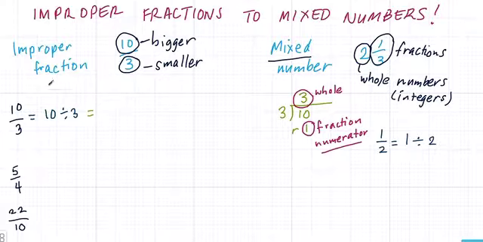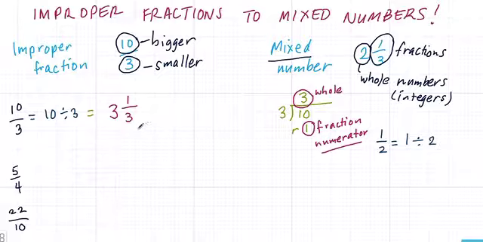So we know that 10 over 3, 3 3's go into 10, plus we had 1 left over. The fraction here that we had was thirds, and that's why our answer is going to be in thirds as well.